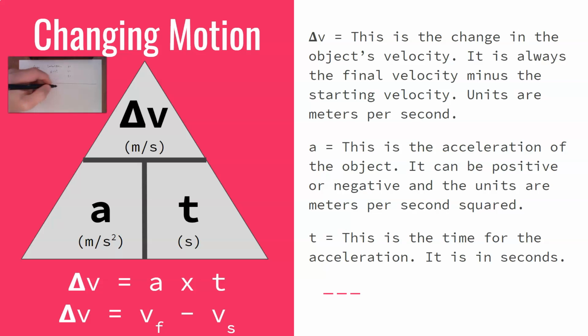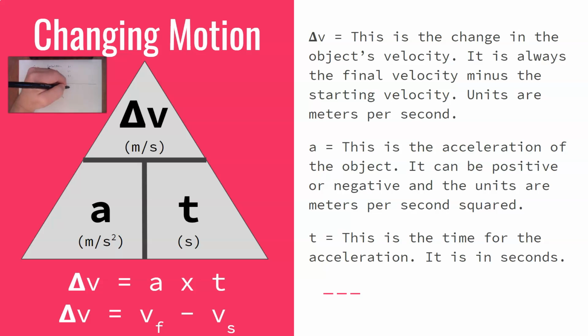And again, this is for changing motion. And there is this delta V equals AT, and then delta V equals VF minus VS. Now this is really saying the final velocity minus the starting velocity.